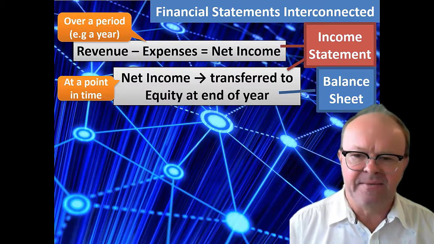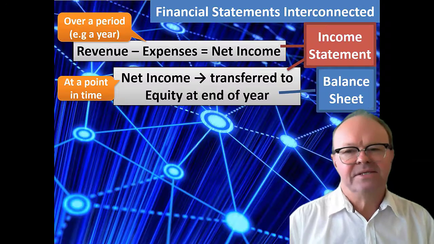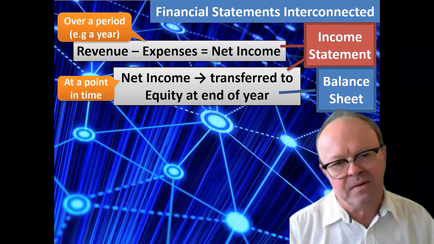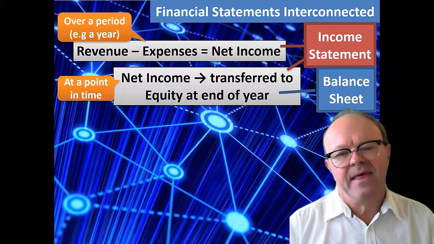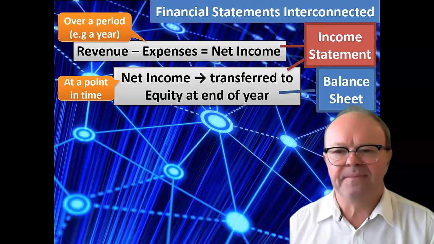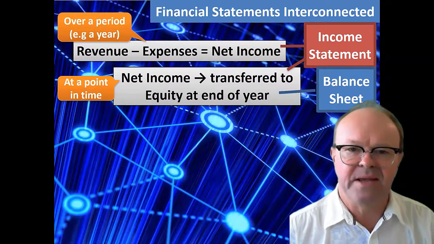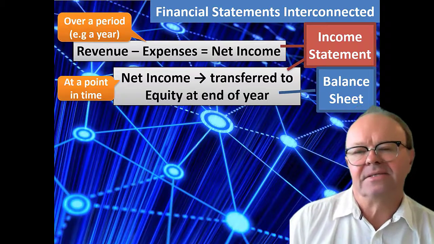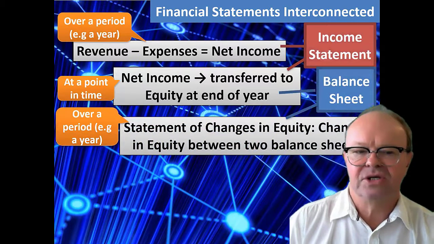And equity, that's in the balance sheet. So you can see the income statement's connected to the balance sheet because revenue minus expenses equals net income. And then that net income is transferred to equity. And then we start the next year with zero revenue and expenses, and it all starts over again. But that bottom line of the income statement goes to equity at the end of each year, in the balance sheet.